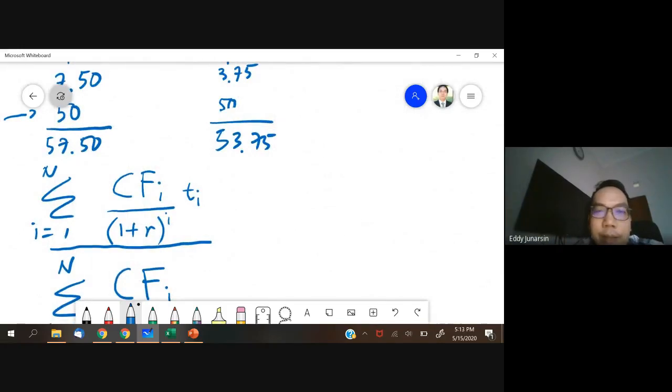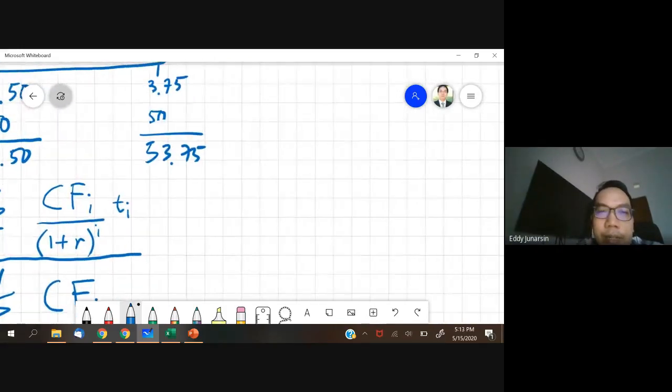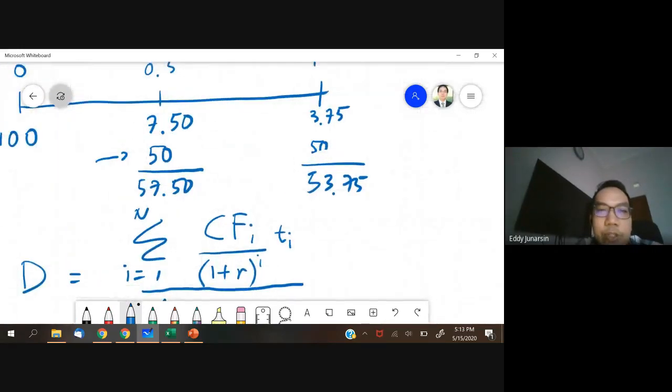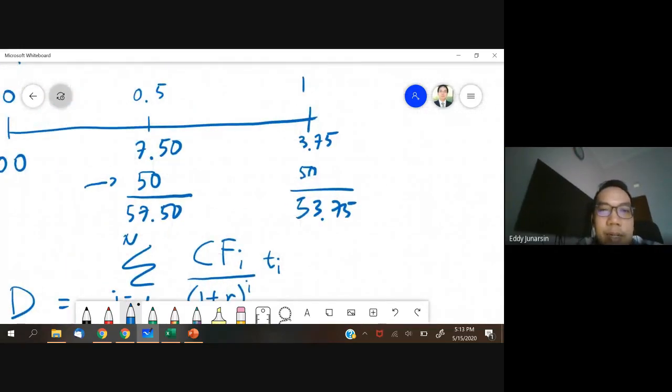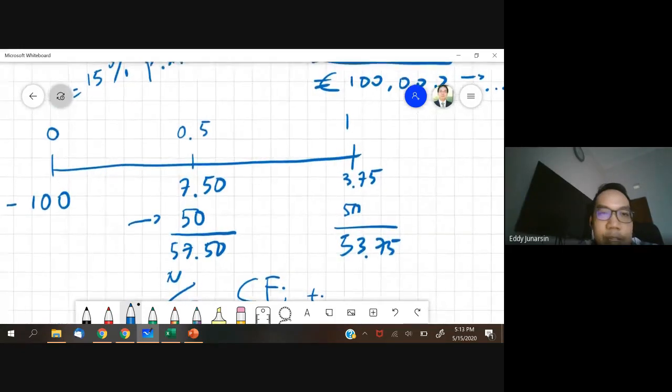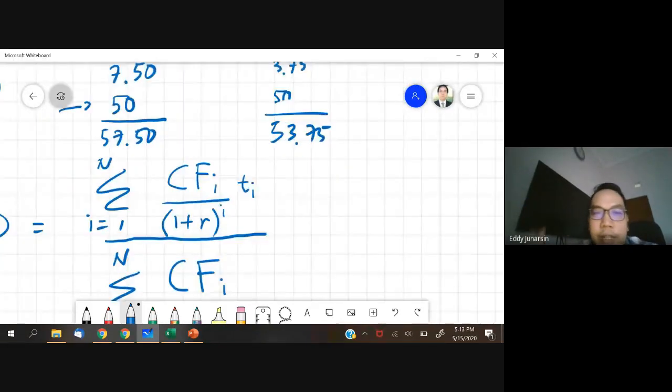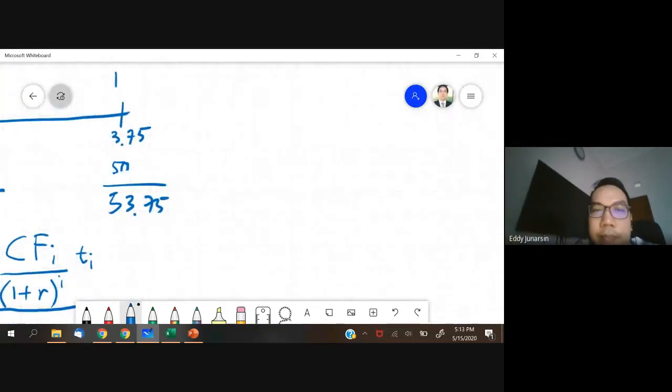So let's apply this one. We have two cash flows like this, and the interest rate is 15% per year. So obviously for half a year, this is 7.5%. Let's start from the denominator.